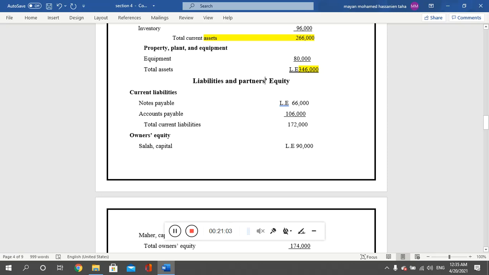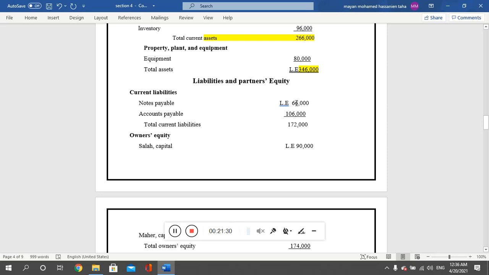Our first item is the liabilities, current liabilities. We have notes payable and accounts payable. Notes payable for Salah was $36,000, and for Maher was $30,000. We add 36 plus 30, it will be $66,000. This is the amount of notes payable for both partners.